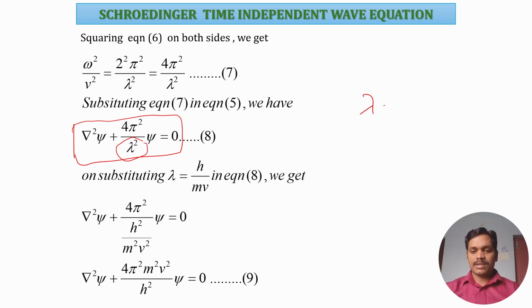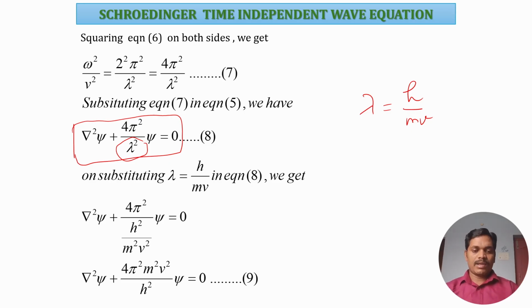As we have already discussed in this session, lambda equal to h by mv. So you can substitute here. Here we have lambda square, so instead of lambda square, you can substitute h square by m square v square, into psi equal to 0.